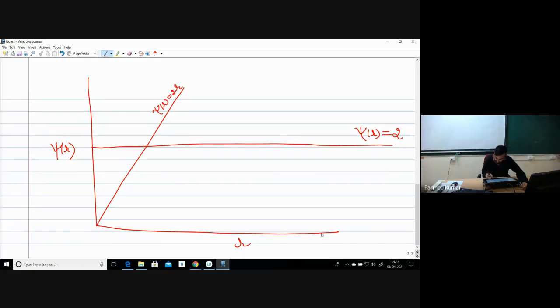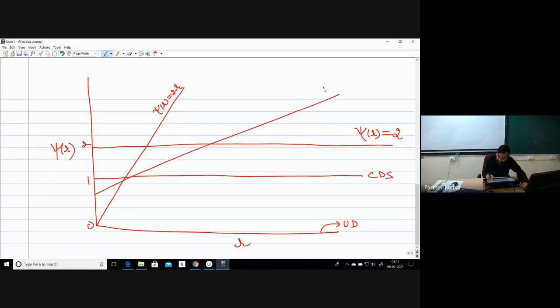Now if you plot the different schemes, that is the upwind differencing scheme, then the CDS scheme, central difference, and then one more scheme, the QUICK scheme, which will be something like this. When r is equal to 1, somewhere over here, this is the point where r is equal to 1.